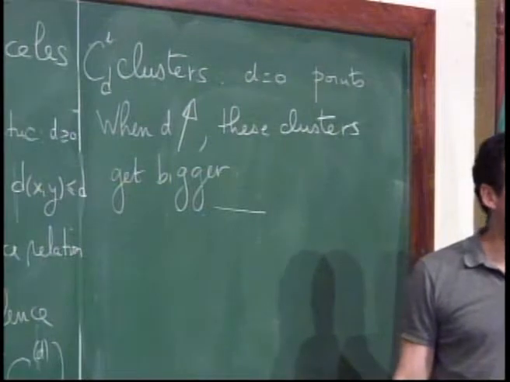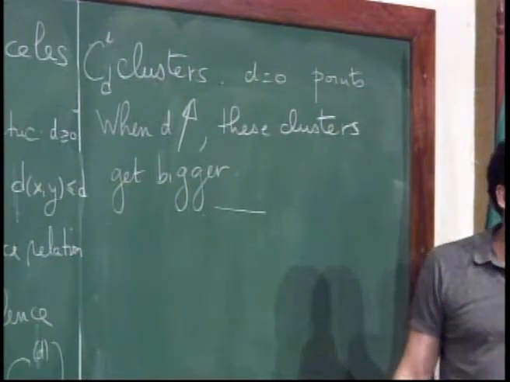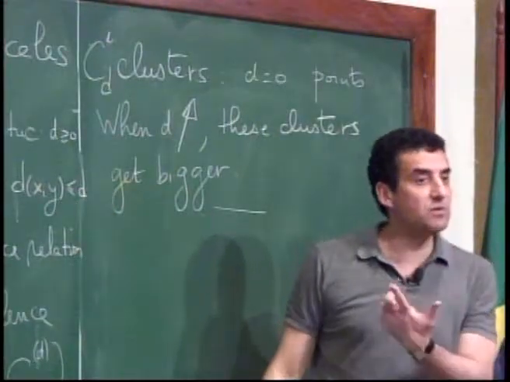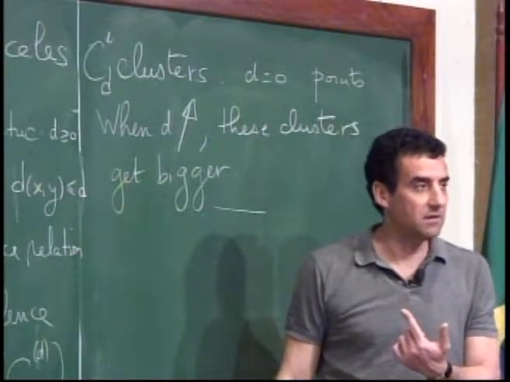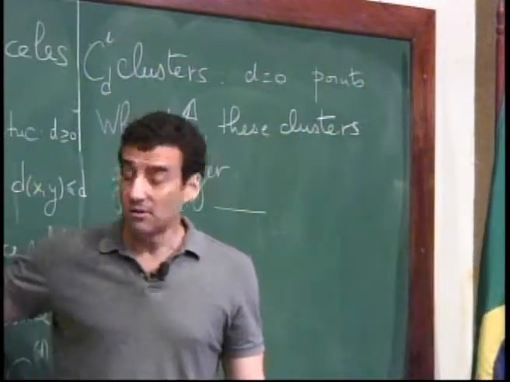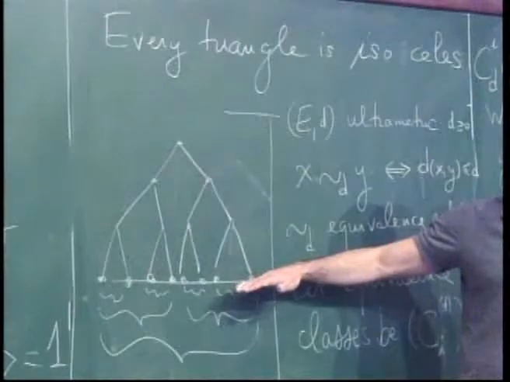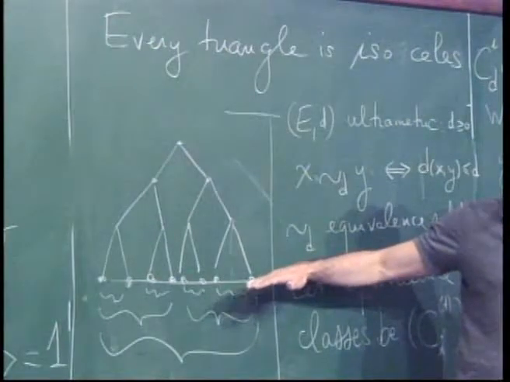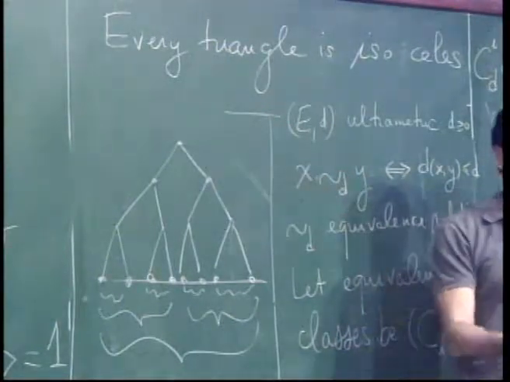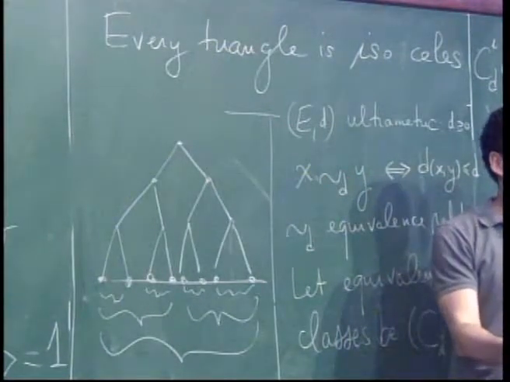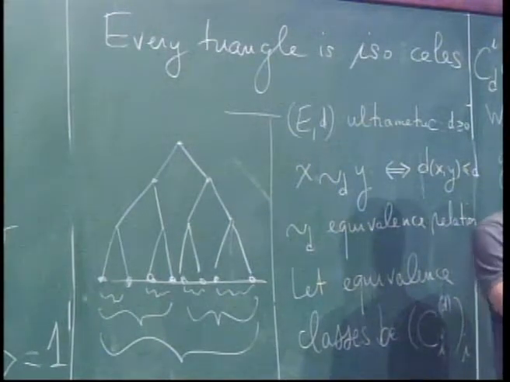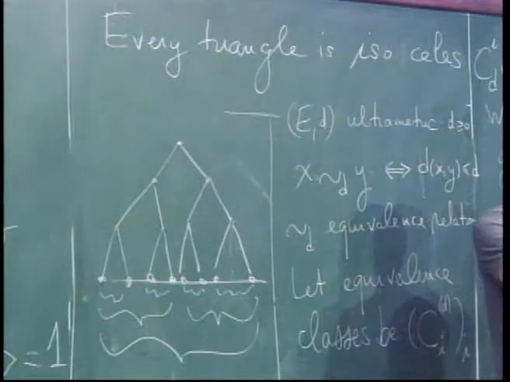This is exactly the tree structure I'm drawing here. But there is a big difference between the two things I'm saying. Here the distances were discrete: 1, 2, 3. So it's easy to see what clusters mean and how they merge, the structure of organization between the clusters.